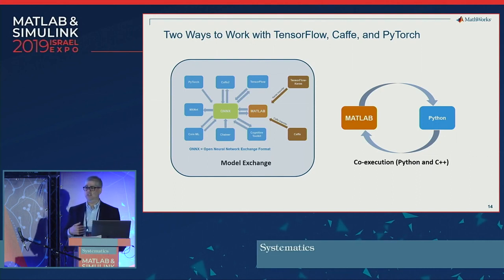This is using the ONNX format, where you can build an ONNX model in PyTorch, in Caffe, in any one of these different frameworks, and then that ONNX model can be imported into MATLAB, okay? Another way is that we have some direct, as you can see, slightly different colored inside of the model exchange box, slightly different colored brown importers directly from TensorFlow and Keras and Caffe. So we have direct importers for models into MATLAB.